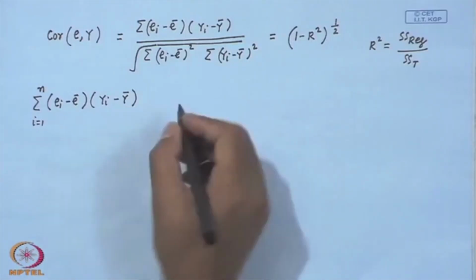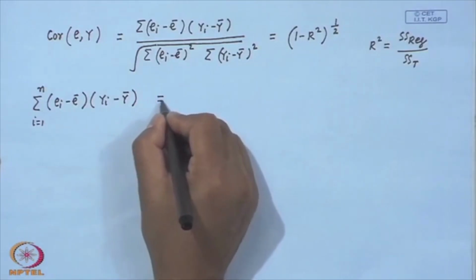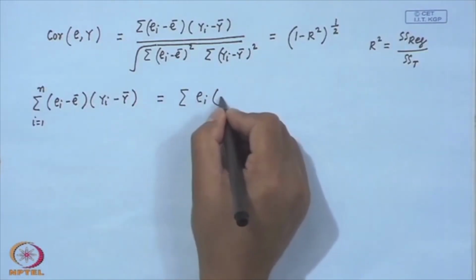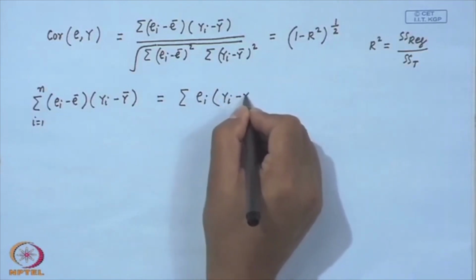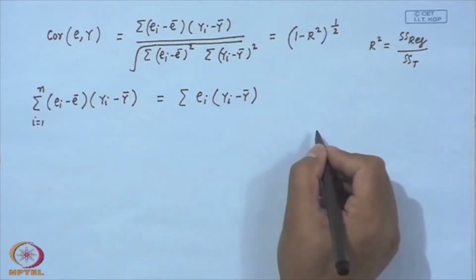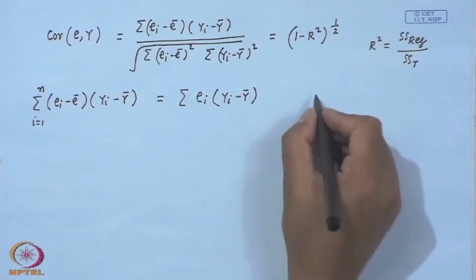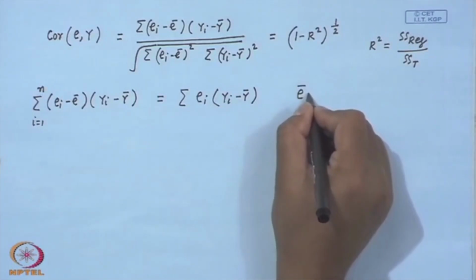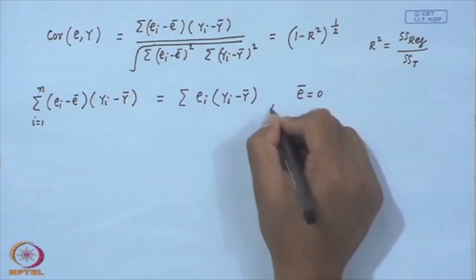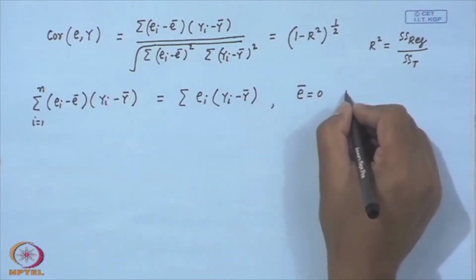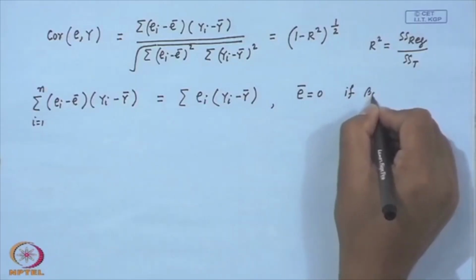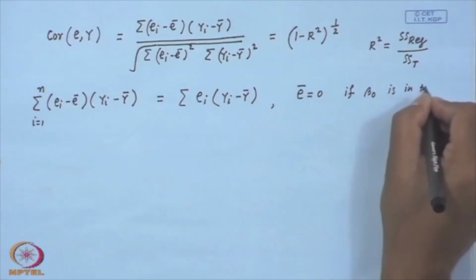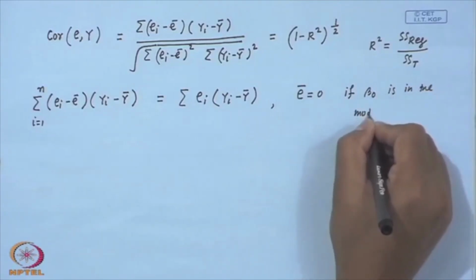So, can I write this one as just E i into (y i minus y bar), because of the fact that E bar is equal to 0 if beta naught is in the model.